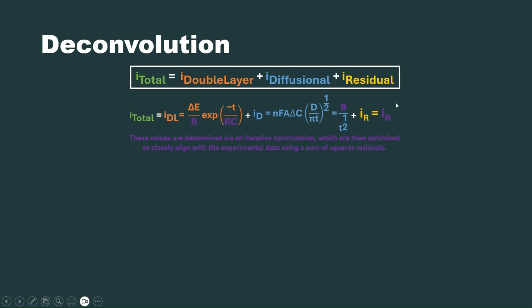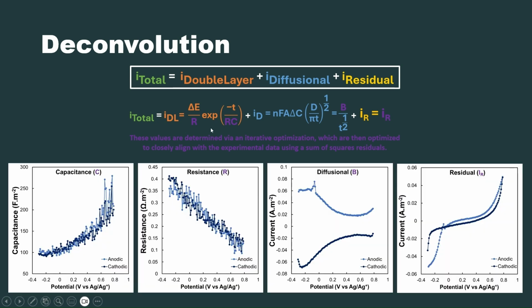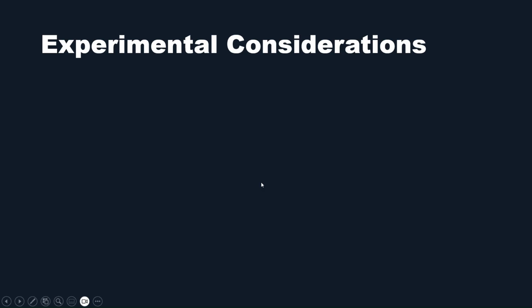Then with those altered, we use a sum of square residuals to reduce the difference between the experimental data and the synthesized data that we make from these equations. And hopefully you'll get something that looks like this, and this is what we will be doing today.